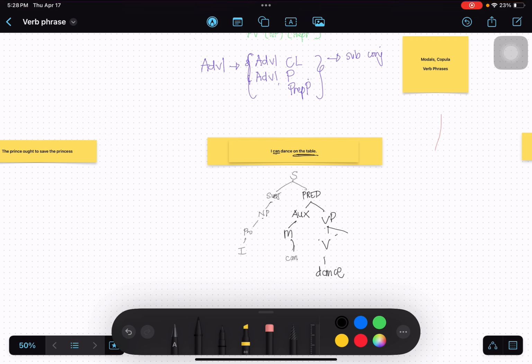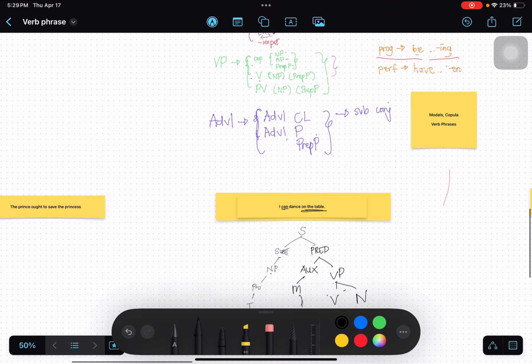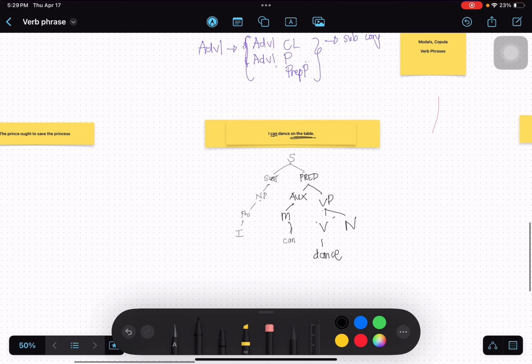So, we're going to write, I can dance. This one, prepositional phrase, put by NP.